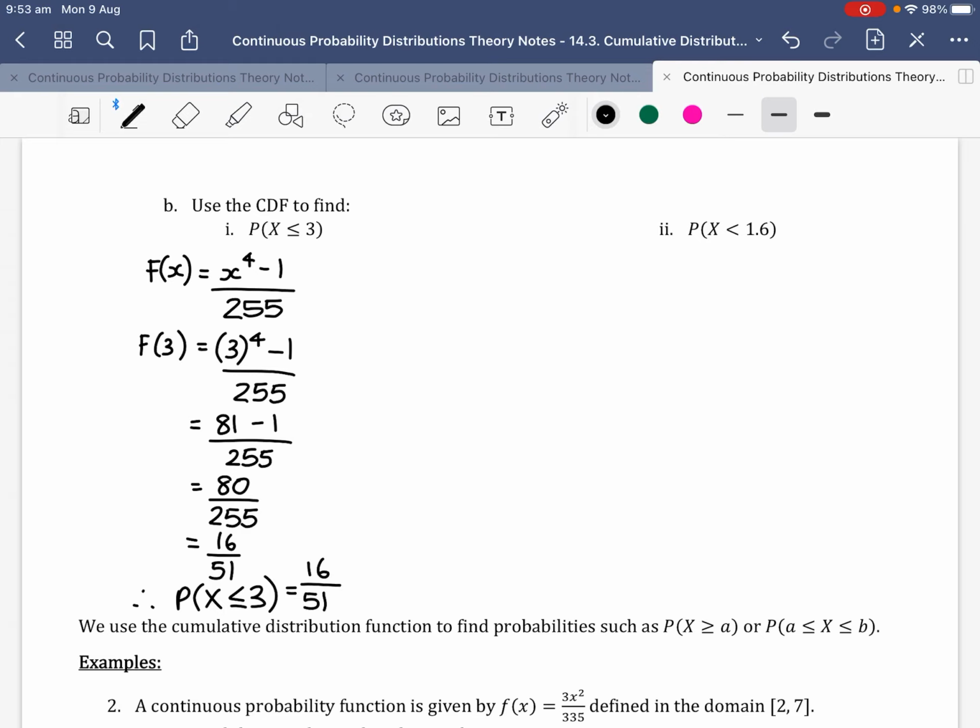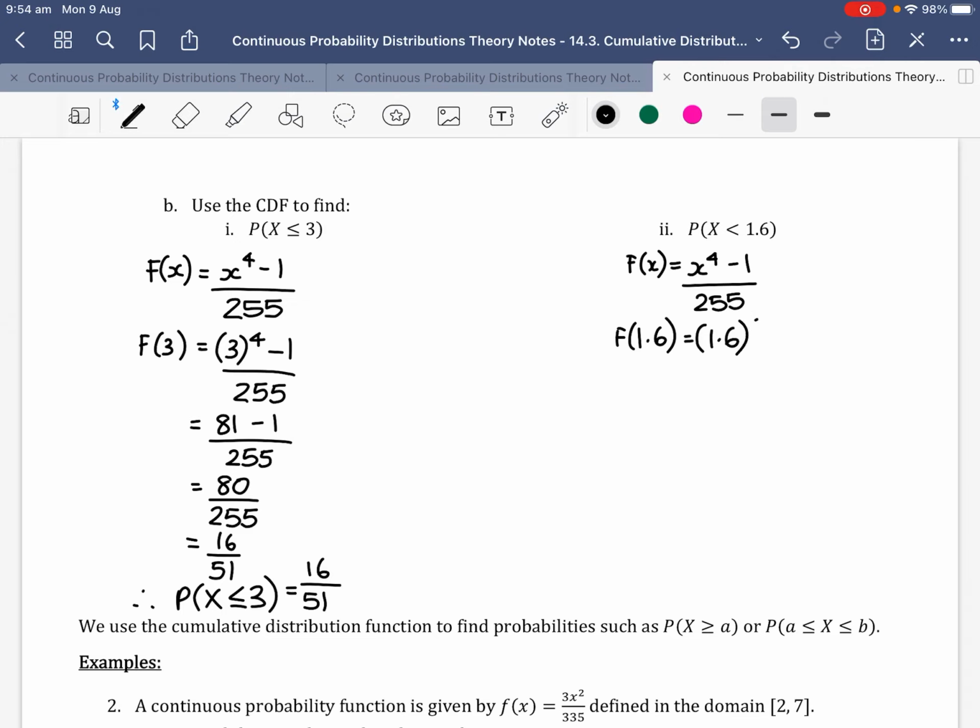Then we want to find the probability of x is less than 1.6. We do the same thing. For F(x) equals x to the power of 4 minus 1 over 255, we sub in 1.6 where we have our x.